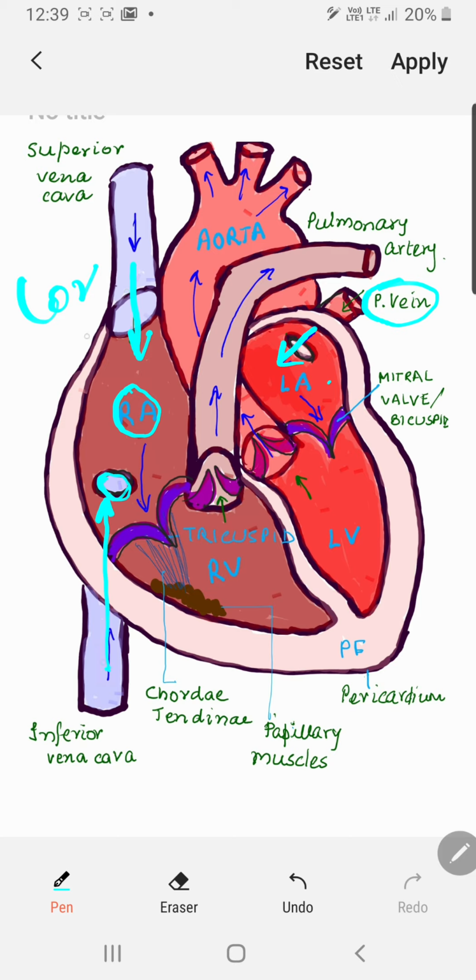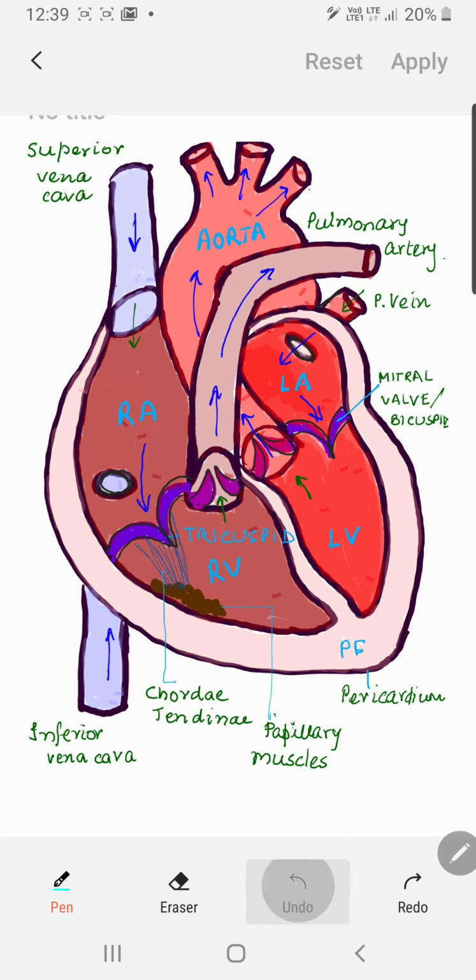So these two are coming from the body, and this one is coming from the lungs. Because the left side is associated with oxygen, and oxygenation of blood is done only in lungs. So these are the incoming blood vessels: inferior and superior vena cava in the right auricle and pulmonary vein in the left auricle.